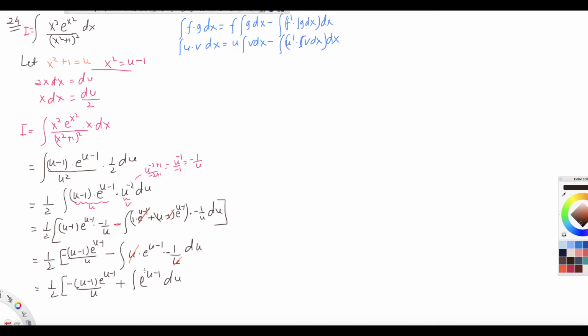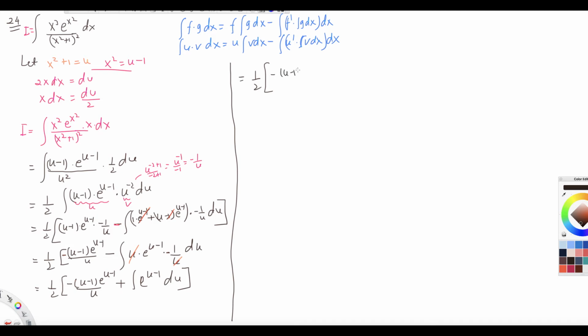So how do you find the integral of e to the u minus 1? That's not bad. By the way, I need to close that bracket there.